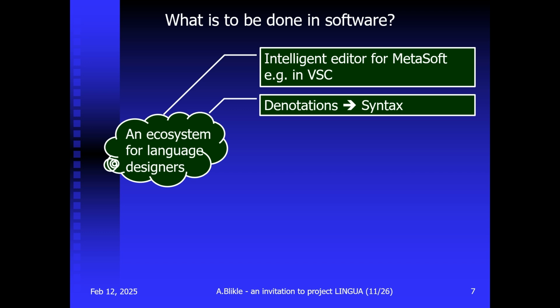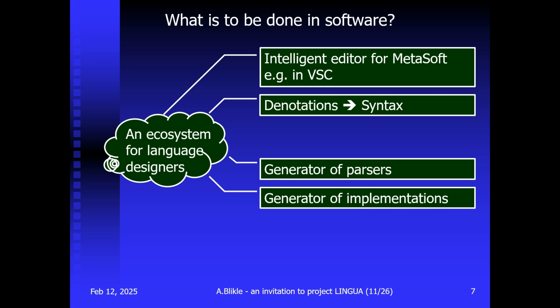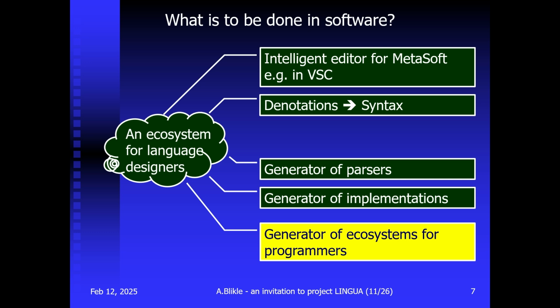The description of denotations is a list of definitions of constructors of denotations, and the description of syntax is a grammar. It's a context-free grammar, or BNF, written in a sort of BNF-like formalism. I call it equational grammars. Then a generator of parsers, which is a rather routine task, a generator of implementations, maybe compilers and interpreters, and last but not least, definitely not least, a generator of an ecosystem for a programmer of such a language.